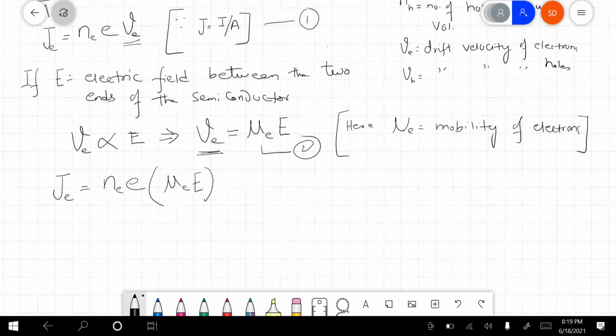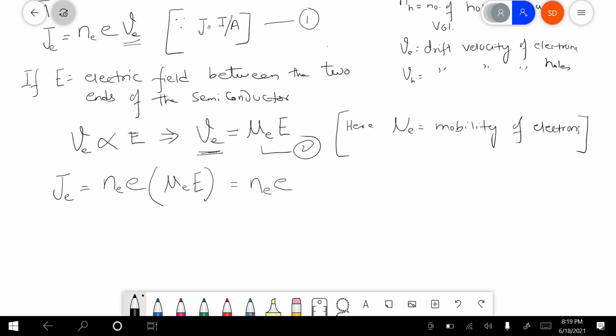So what I am getting is Je equals Ne e mu e E. For example, this is equation number 3. This is for electrons. Similarly, for holes.